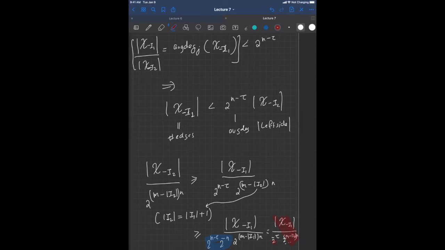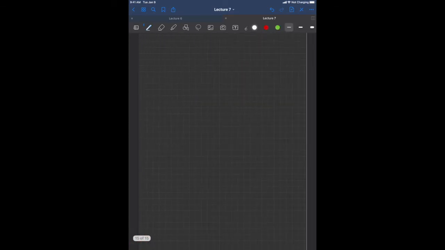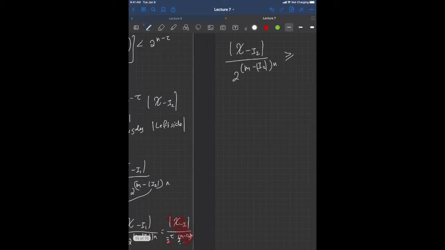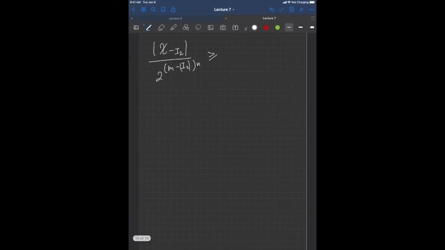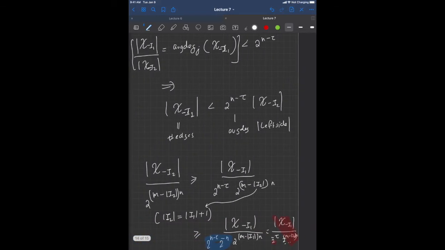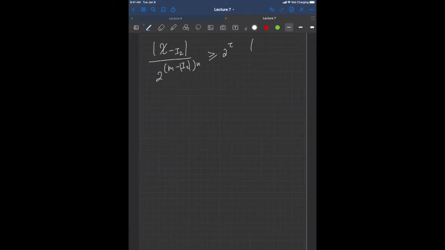Let me just rewrite this. So this is saying that x minus I2 with respect to this universe, m minus cardinality I2 times n, is at least, so 2 to the minus t at the bottom is like 2 to the t at the top, right? So it's 2 to the tau, not t, sorry, 2 to the tau times x minus set I1 divided by 2 to the m minus I1 times n.